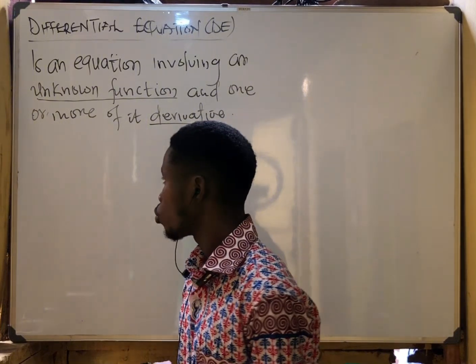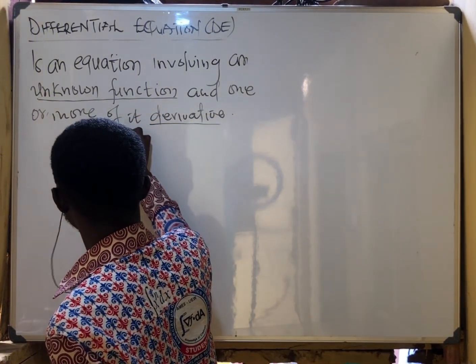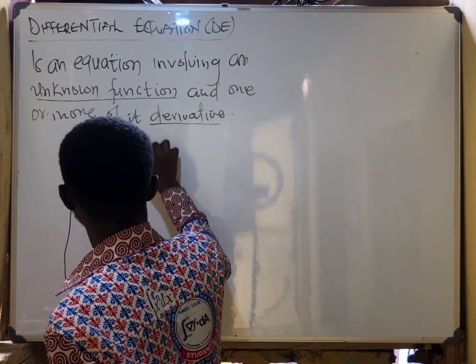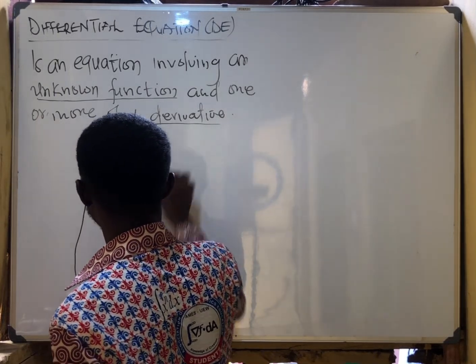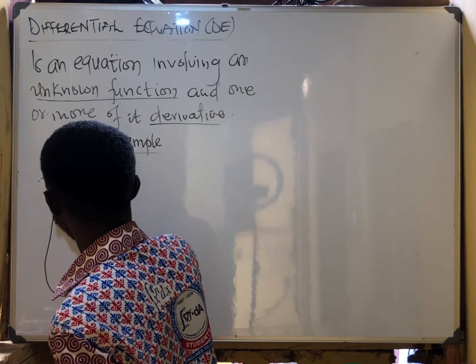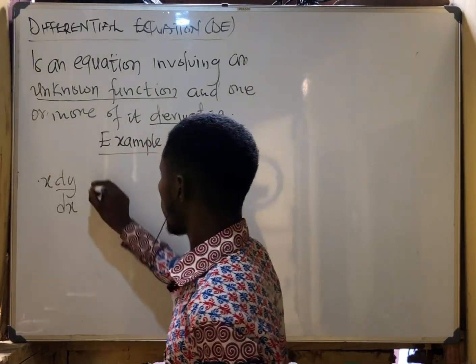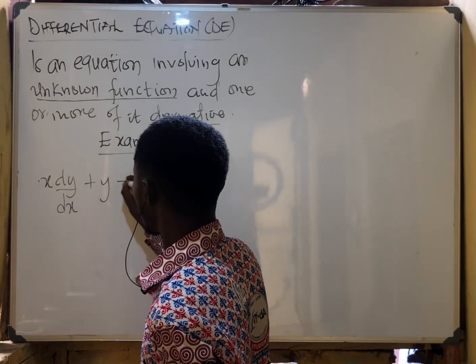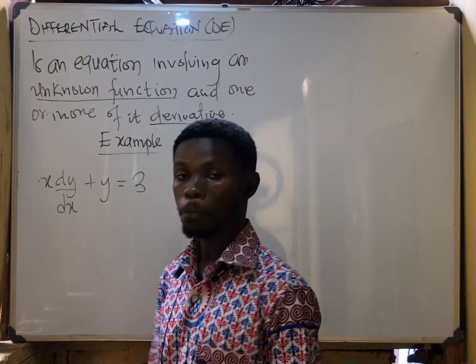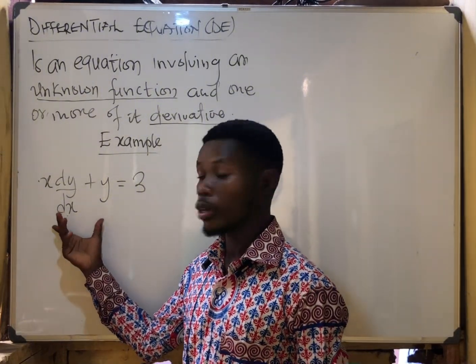Okay, so let me take an example. If I have, let's say, dy/dx plus y equals 3. Now, if you look at this one, this is a differential equation. Why is it a differential equation?